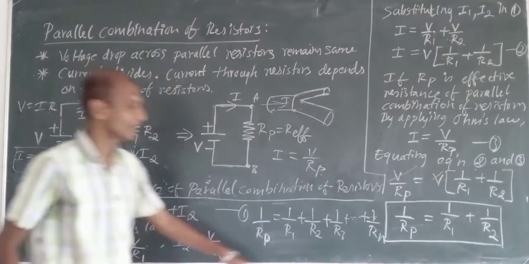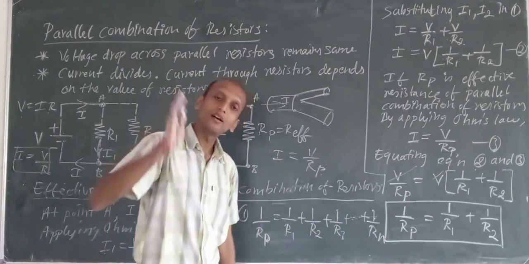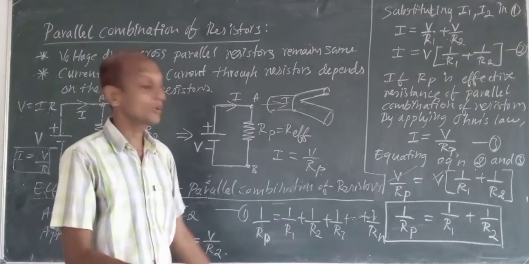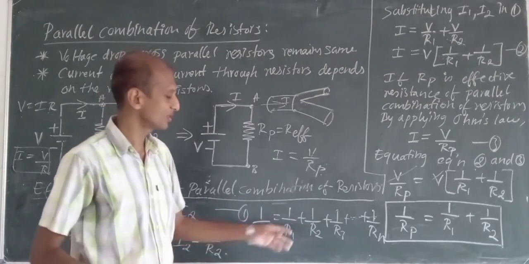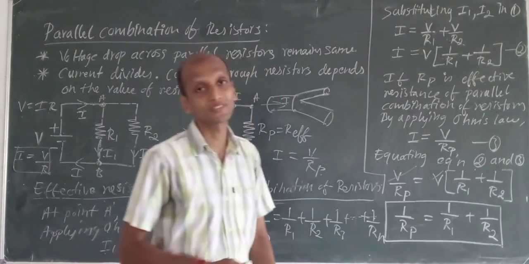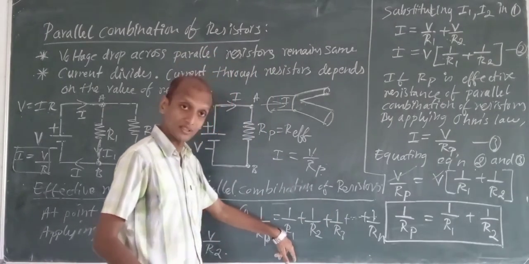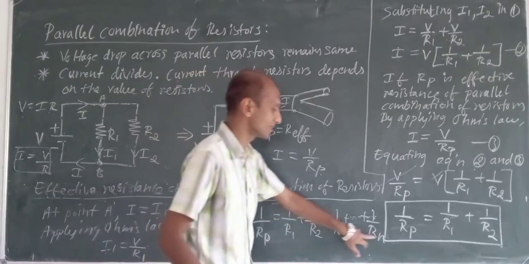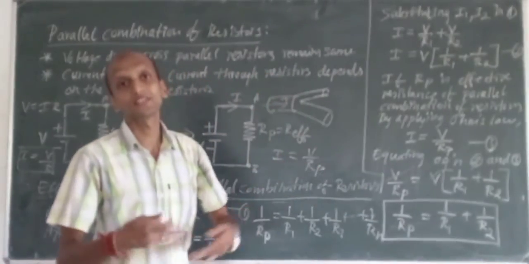Fine. So n is the number of resistances. This is the first resistance, second resistance, third resistance. It goes up to however many resistances we have.